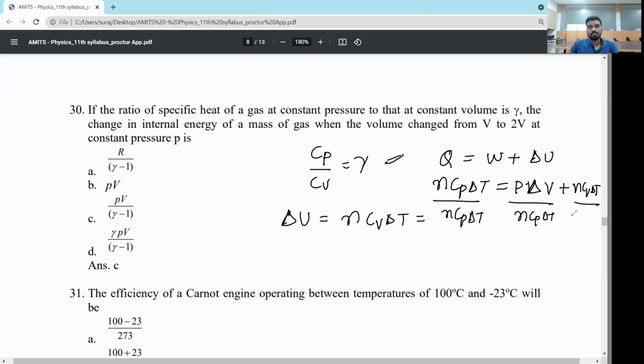Here also nCp del T. Cp by Cp becomes 1. Cp by Cv is gamma.